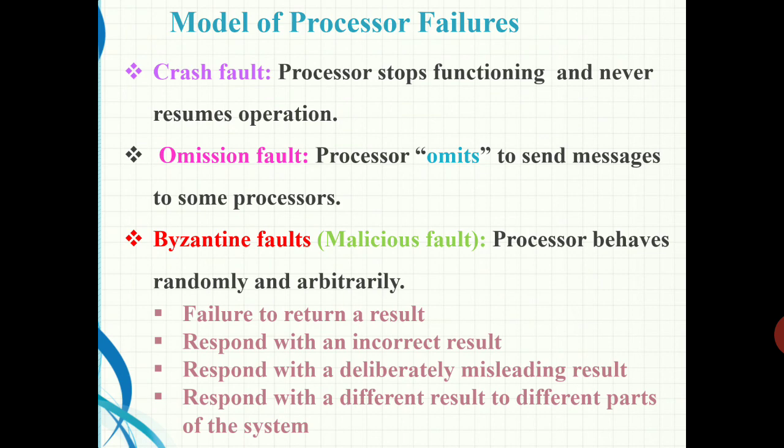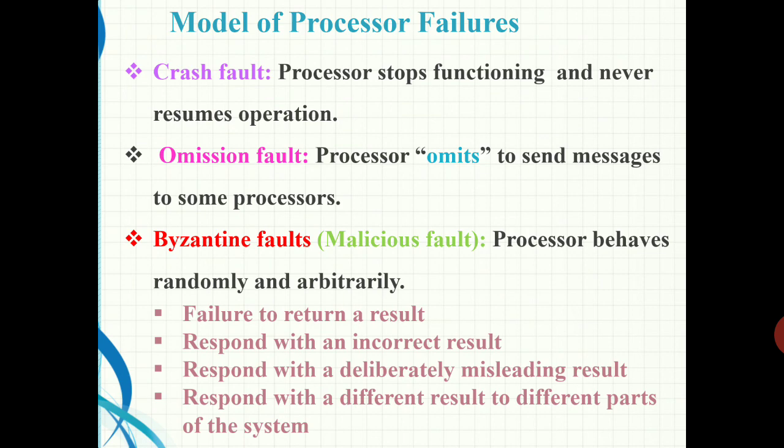So we don't know whether a particular process is sending correct information, or whether it is disloyal or loyal. Loyal means it is sending the correct result. Sometimes there can be a faulty node in a distributed system. So we cannot trust this faulty process.